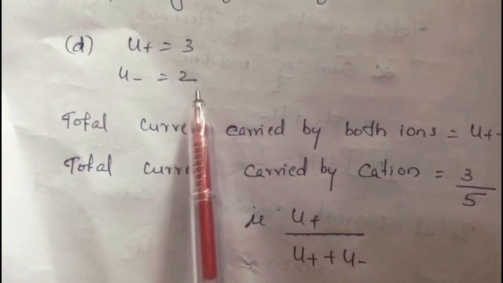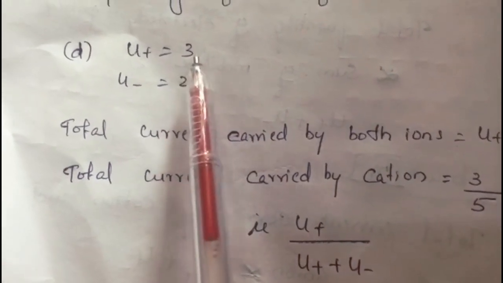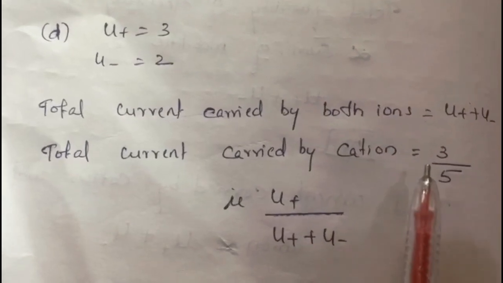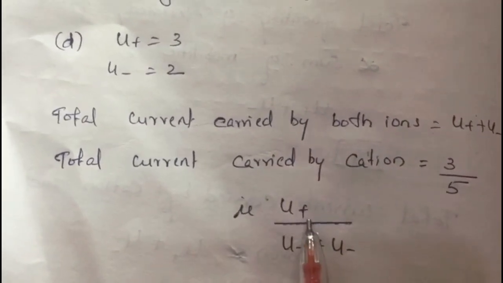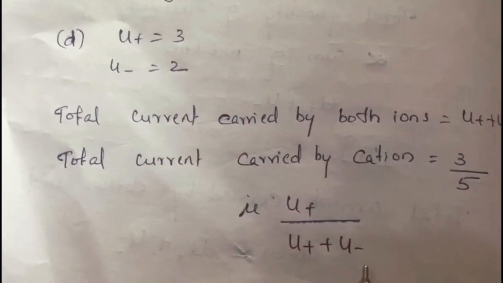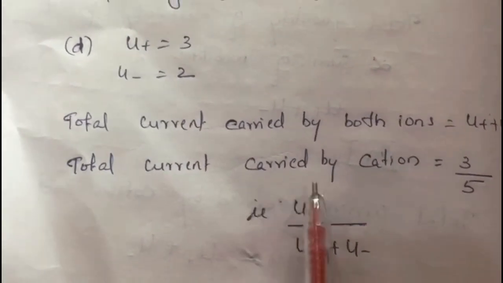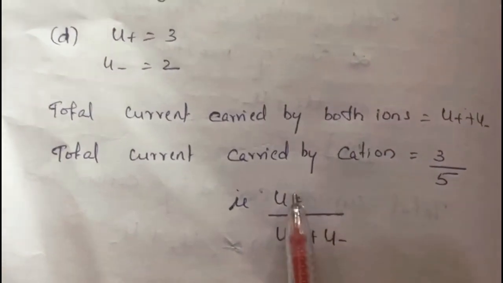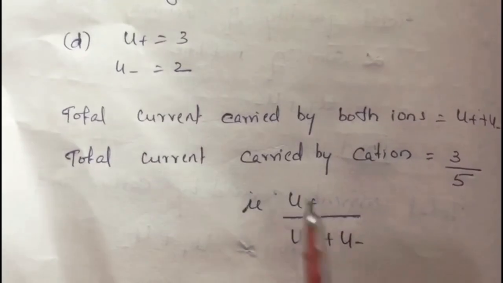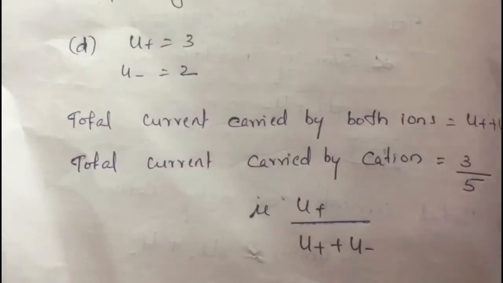The total is 5. So what is the fraction for the cation? It should be 3 by 5. So 3 means the mobility of cation, and 5 means 3 plus 2, that is U plus plus U minus. So the total current carried by cation is U plus divided by U plus plus U minus. Similarly, what is the total current carried by anion?